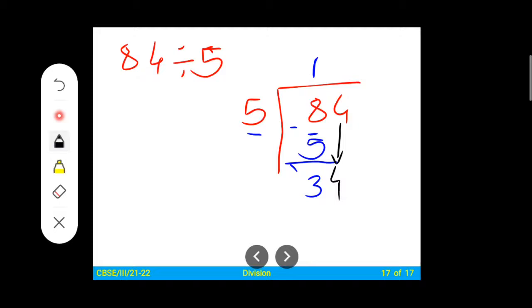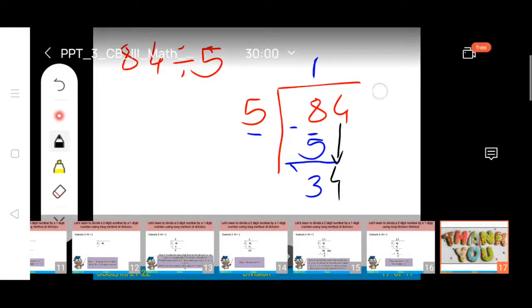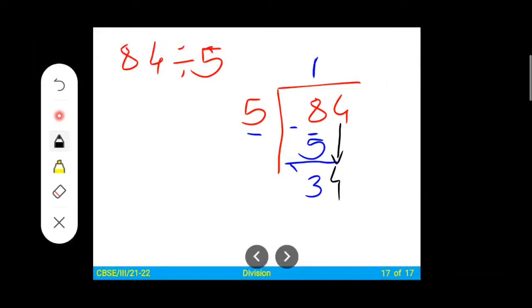So start the table of 5 and stop where the 34 is there. अगर 34 आ रहा है तो स्टॉप हो जाओ, बट अगर 34 से नंबर इंक्रीज हो रहा है तो उससे पहले का जो नंबर होगा आपको वो लेना है. 5 ones are 5, 5 twos are 10, 5 threes are 15, 5 fours are 20, 5 fives are 25, 5 sixes are 30, and 5 sevens are 35.